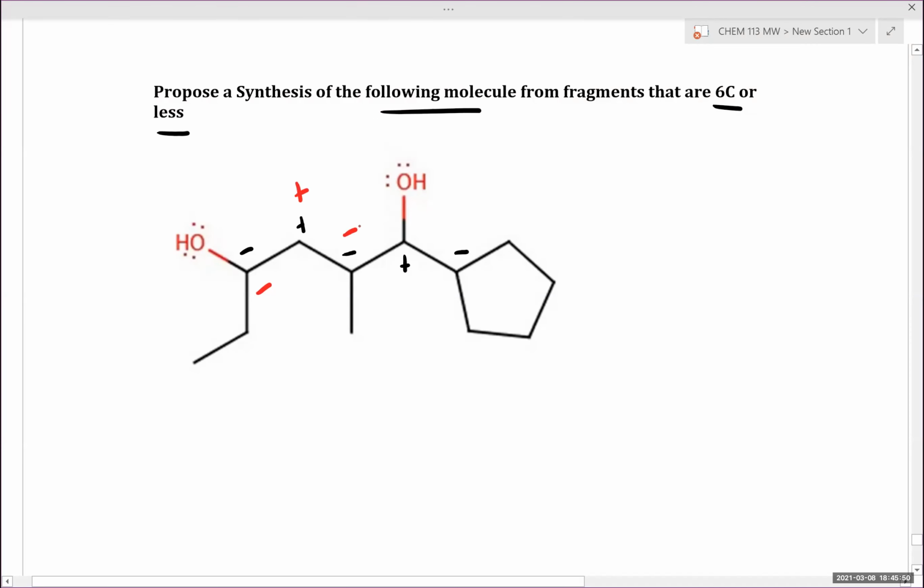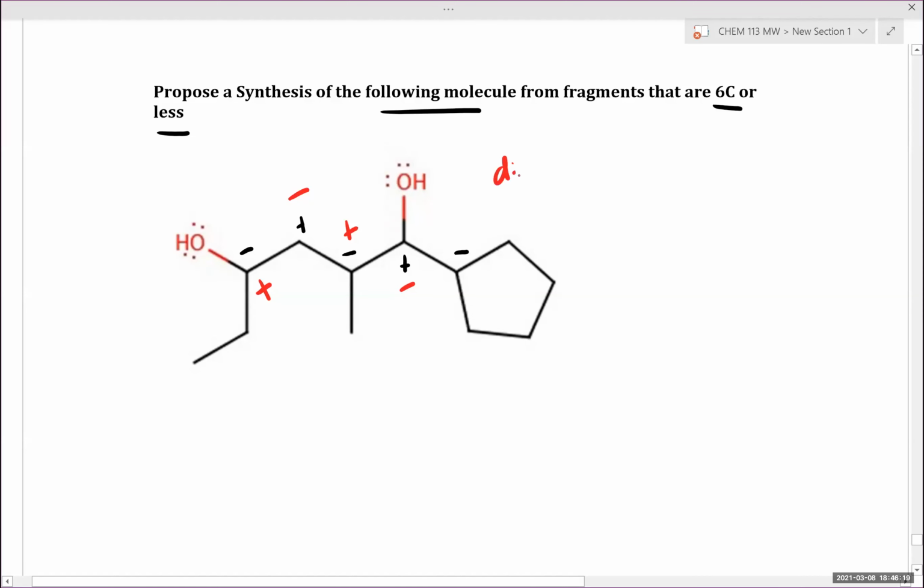You may notice that in this case, our alcohols are arranged in a way where we have a conflicting assignment of the electron density that we'd want to form a bond and the electron density as distributed in our actual molecule.